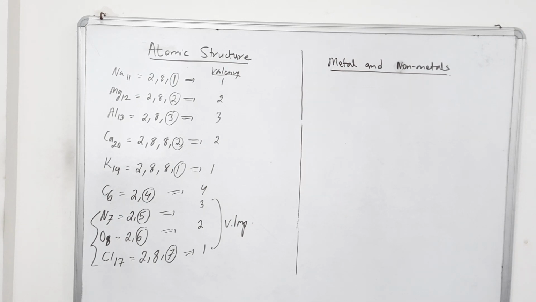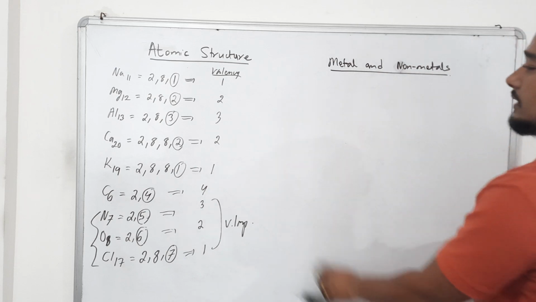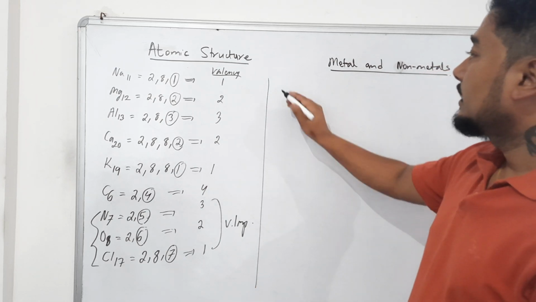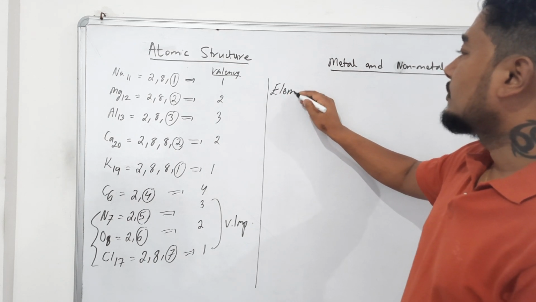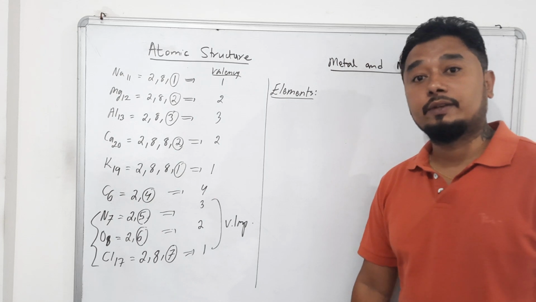I hope it's done. Now, students, before we proceed further in the chapter, you have to remember this. Elements means what? We have already learned about this, if you remember, students.